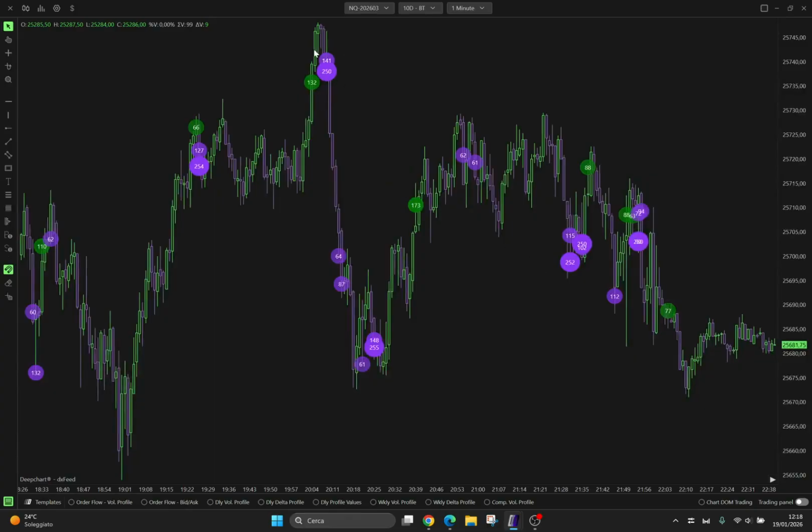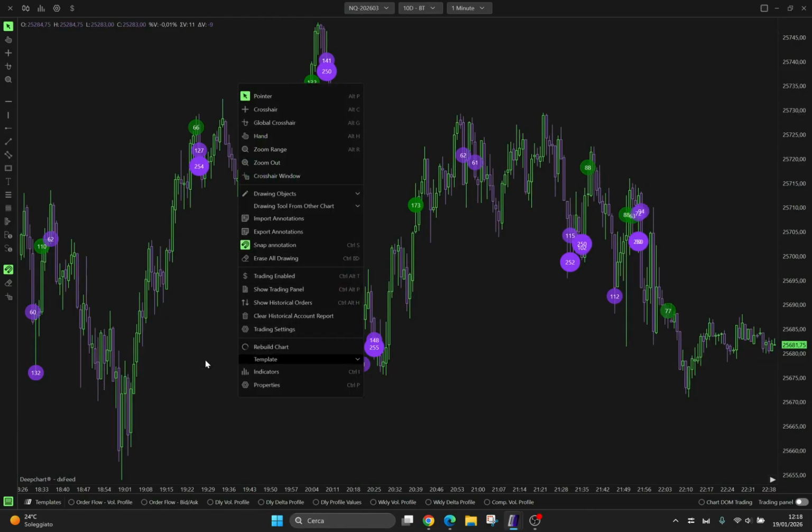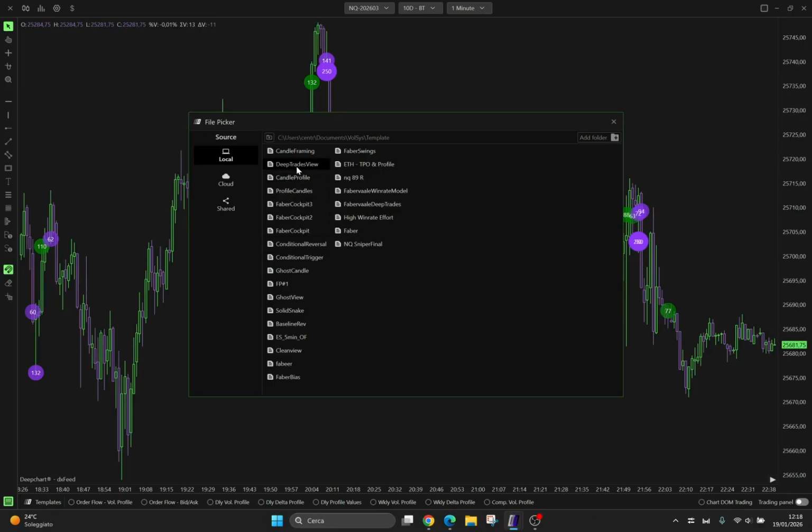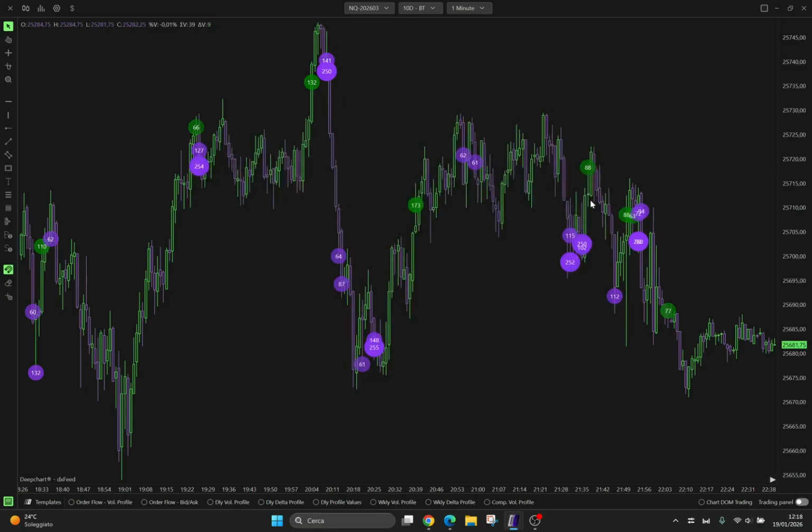Then, this template you can find under the name Deep Trades View, and it's my execution template. Okay, this one is the one that I use when I want to see what the aggressive market participants, the bigs, are doing. Okay, remember, guys, let's be honest.